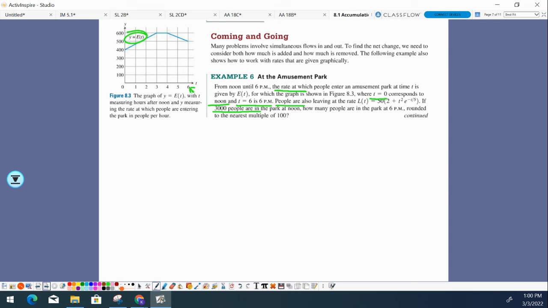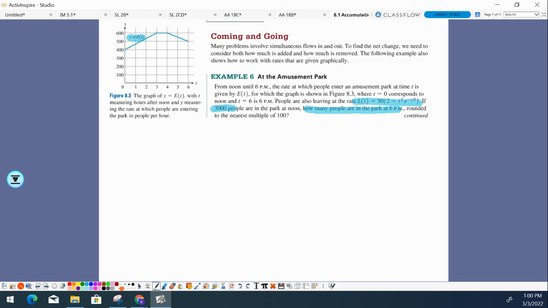Then people are also leaving at this rate, L of t, but they're entering at the graph. And this is our initial value that we're starting with. It says how many people are in the park at 6 p.m.